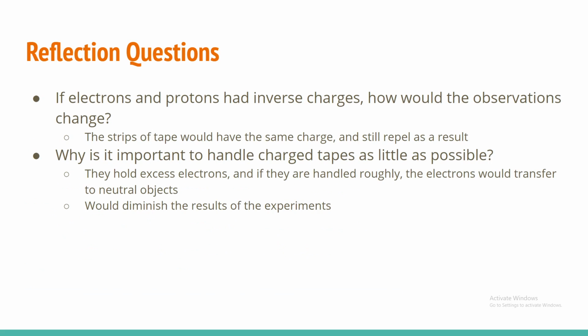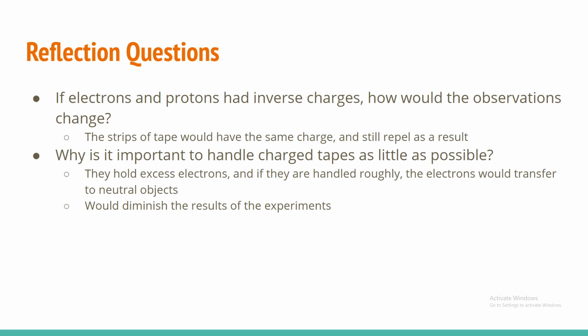If the tapes both had positive charges, they would still repel, because as long as they're the same charge, they still repel. So even if it switches, it doesn't matter.